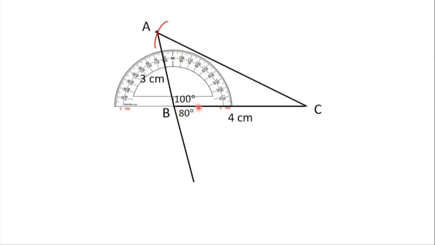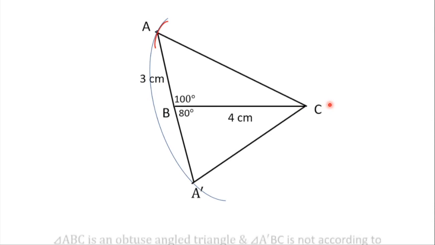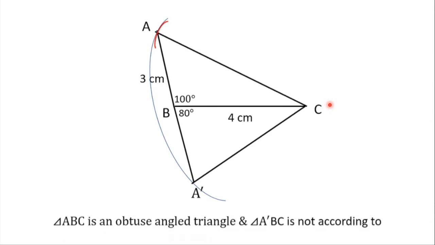If you extend below, this has to be 80 degrees. So with 7 centimeters as radius, if you cut this arc below also, you will get the point A dash, and if you join A dash and C, you get some other triangle wherein this triangle is not at all an obtuse angle triangle. In other words, this is the only triangle obtained when two sides and not an included angle are given to us. So this is another very interesting point.